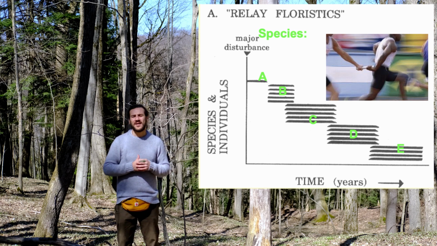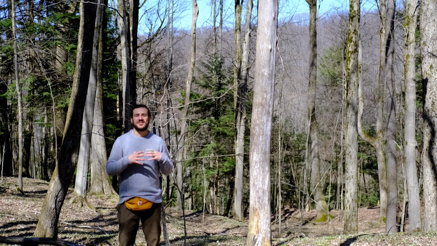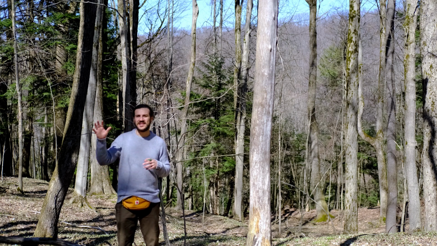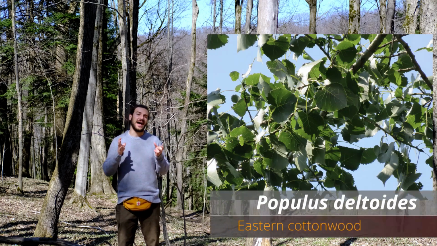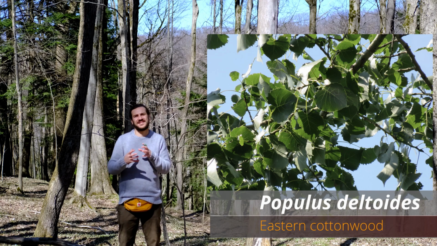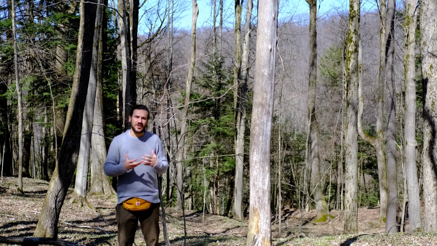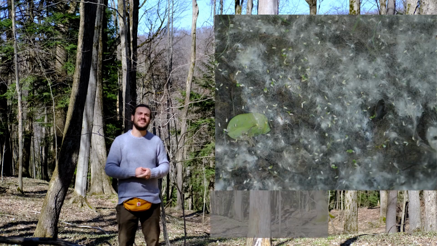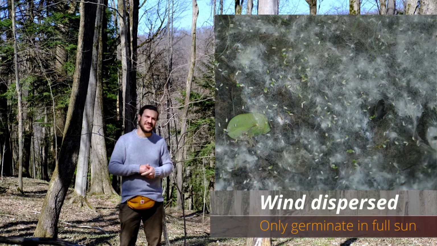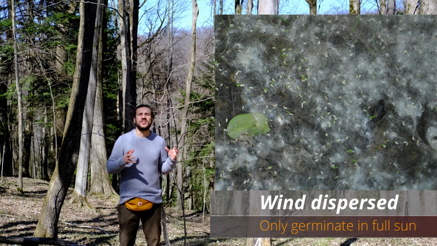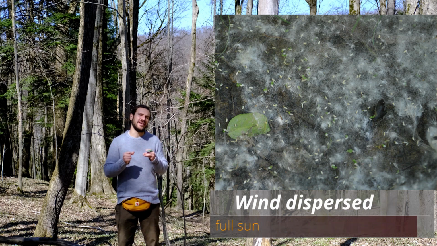Here you have these first successional species, and in a different patch I witnessed a lot of cottonwoods, and I knew that stand was more recently disturbed because we know that cottonwoods have wind dispersed seeds and they can only germinate in full sunlight.